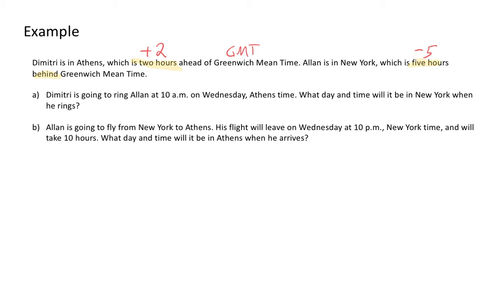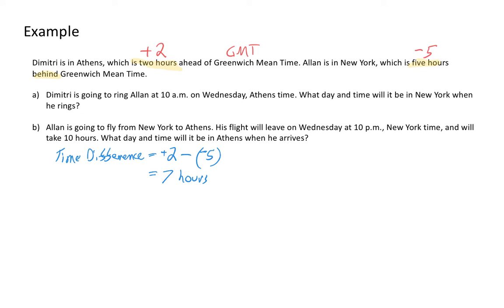To work that out, we're going to need to work out the time difference between Athens and New York. To work out the time difference, I'm going to take my larger time zone and subtract my smaller one from it. So my larger one is +2, being Athens, and I'm going to take away -5, being New York. So +2 minus -5 is going to be equal to 7 hours.